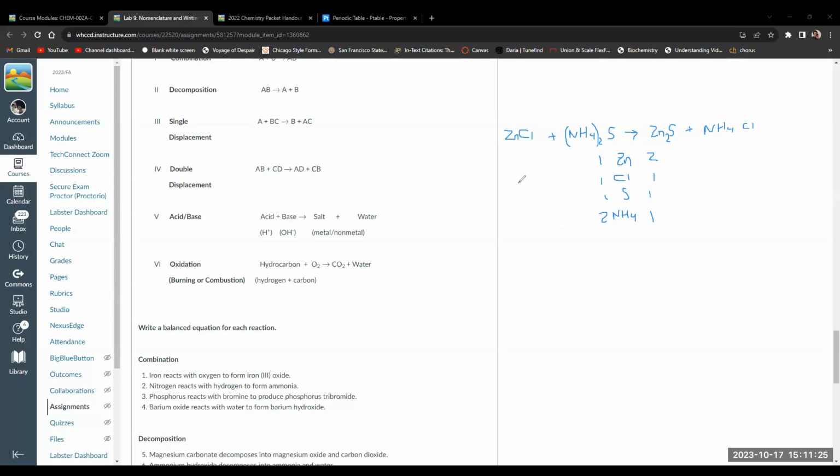So I would add a 2 here, and now I would add a 2 on the products. Now it's balanced.